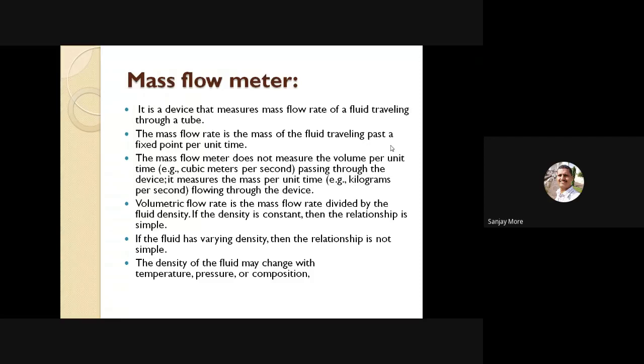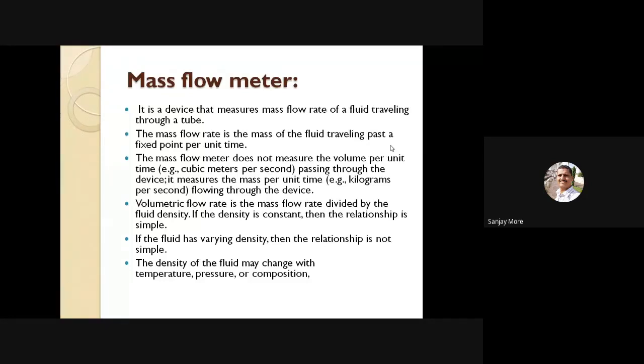They measure mass per unit time, meaning kilograms per second flowing through the device. Full stop.